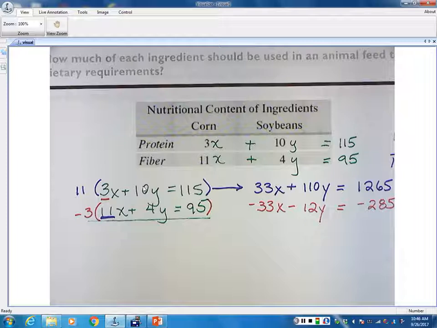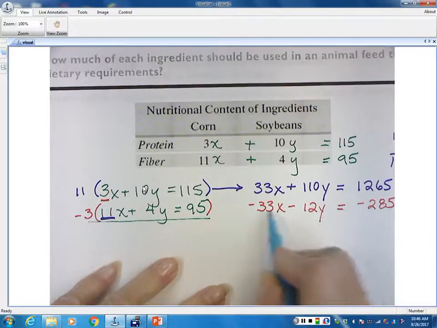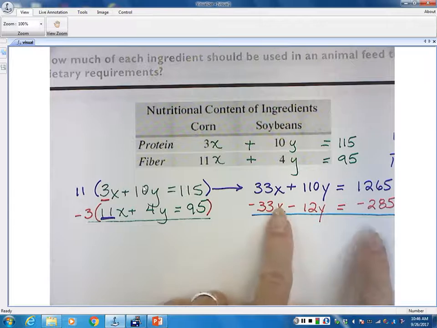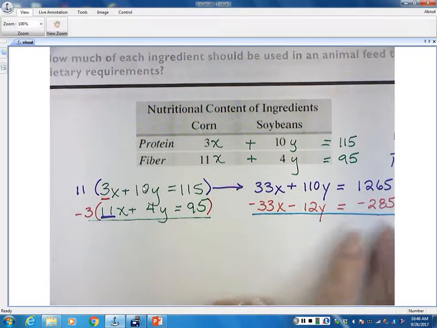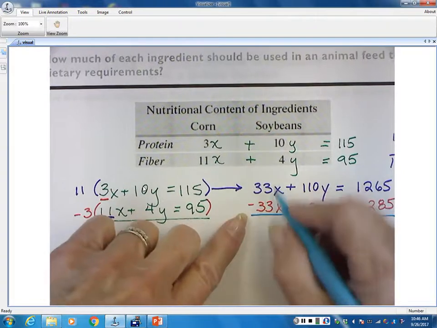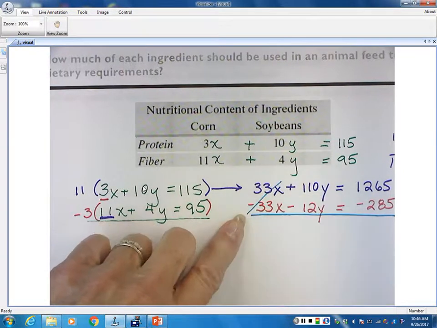So what I have now is a new equation if I can add these two together, which is basically adding the same thing to both sides. I'm adding this to this side and this to this side, but this says these two are equal to each other. So if I add these together, notice what happens to the x's.